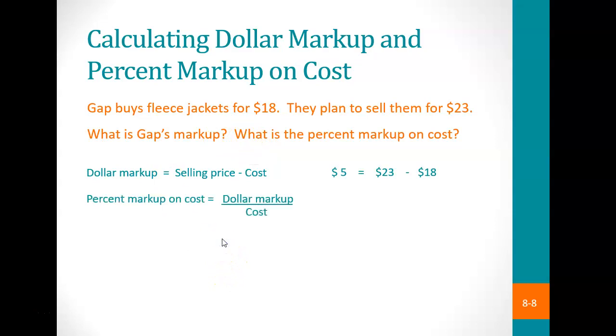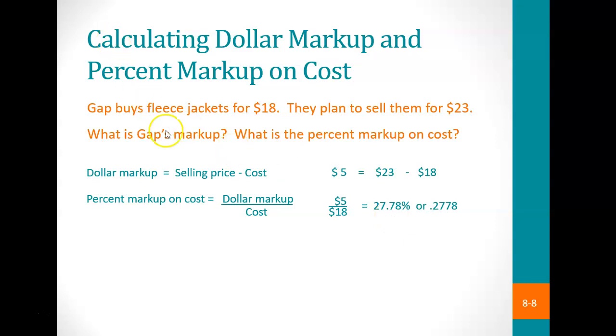But from a percentage standpoint, to get the percent of the markup, we'll take the dollar markup, which is $5, and divide that by the cost, which is $18, and that would give us our percent of markup, which would be 27.78%. So the question is, what does that mean?